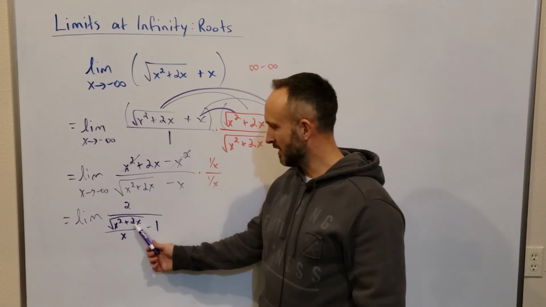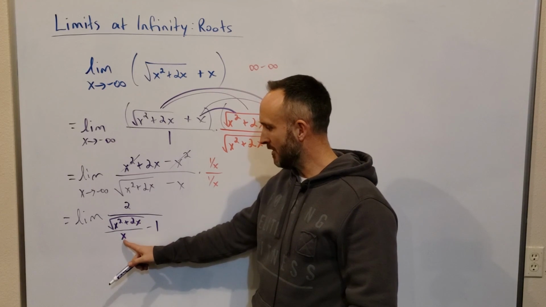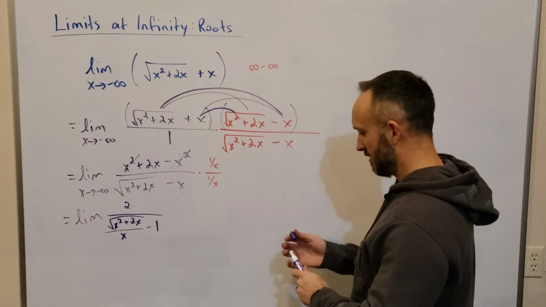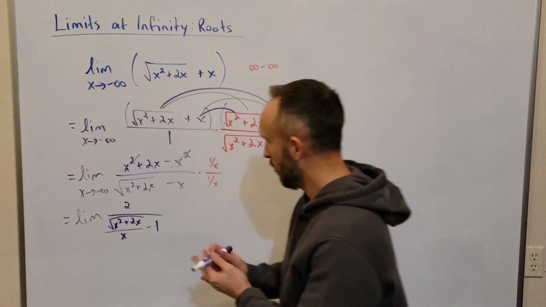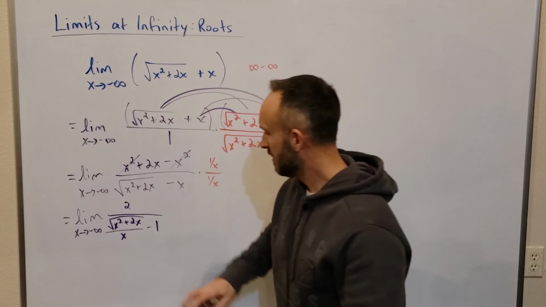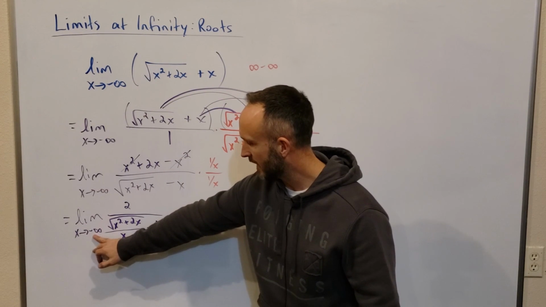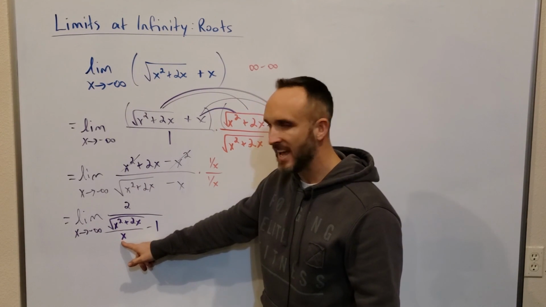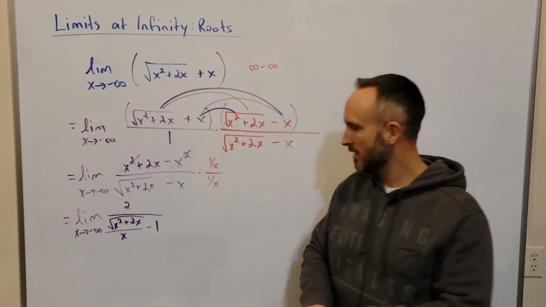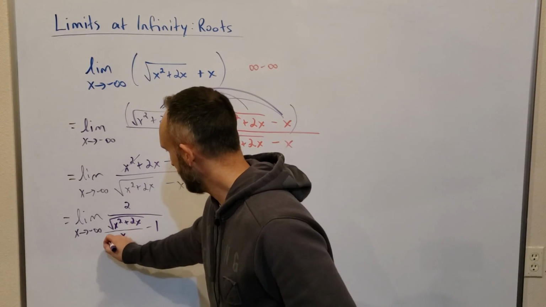And now we have to sort of clean this stuff up. Right now this x is not compatible with the square root. So again, using what we know from before, x is going to negative infinity. So we're talking about negative x values, which means that x is the same thing as not the square root of x squared, but it's the same thing as the negative.